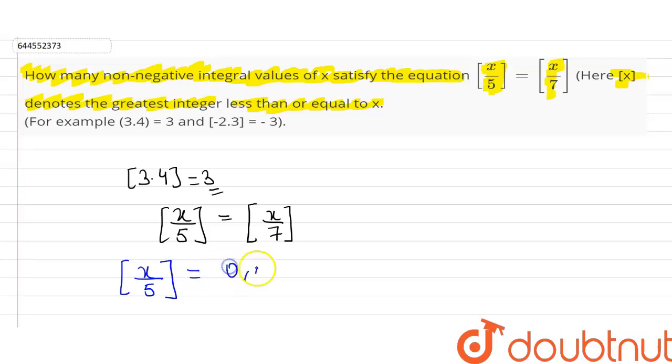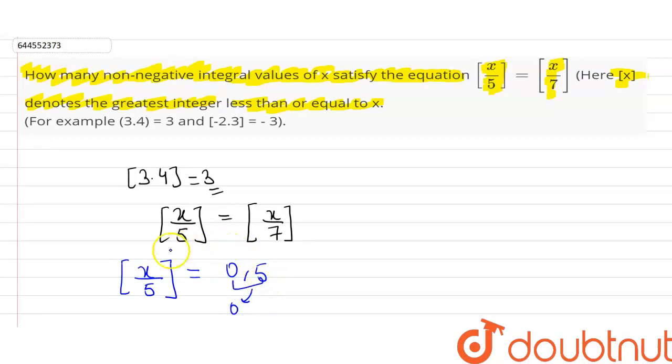From 0 to 5 the greatest integer part will be equal to 0 only, because 0 upon 5 is 0, 1 upon 5 is 0 point something, and the greatest integer part is 0. From 5 to 10 the greatest integer part will be 1. From 10 to 15 it will be 2, and from 15 to 20 it will be equal to 3, and so on.